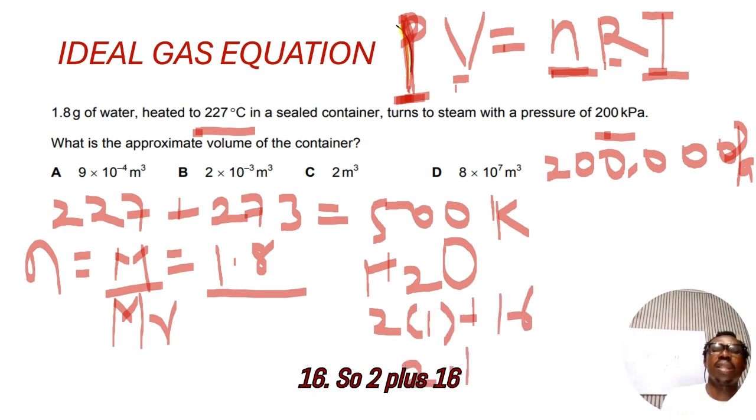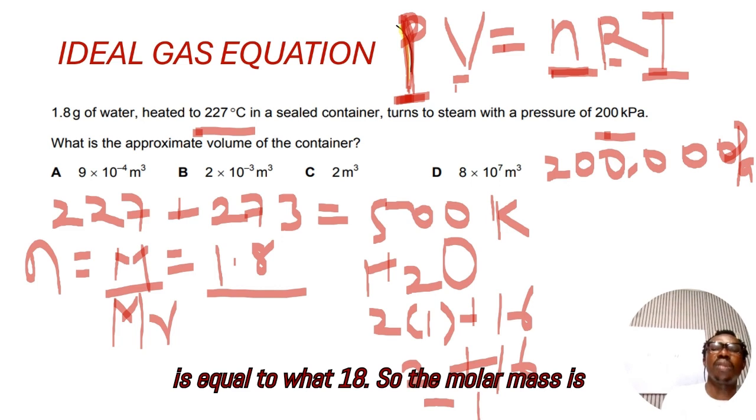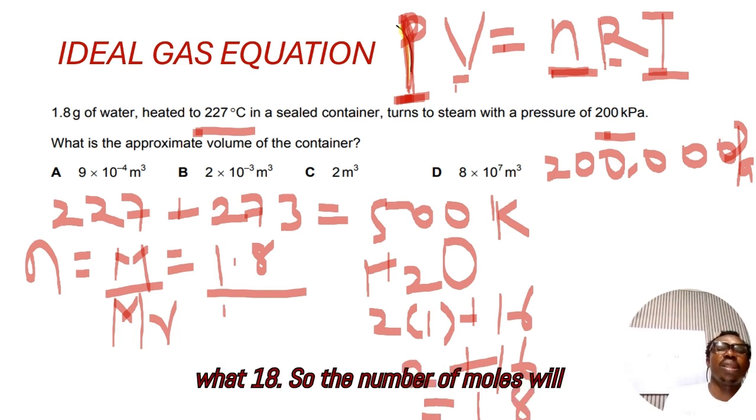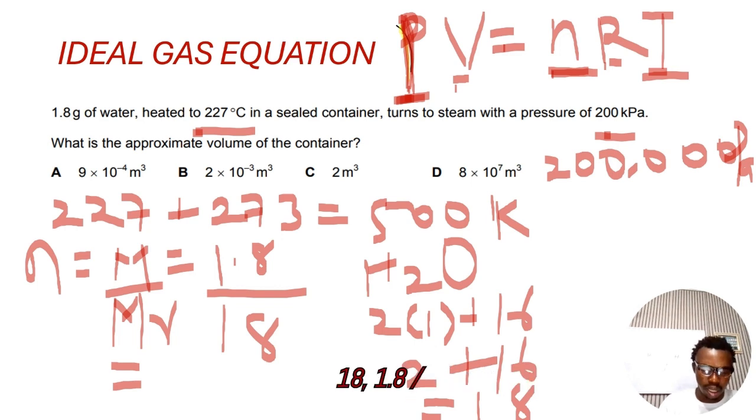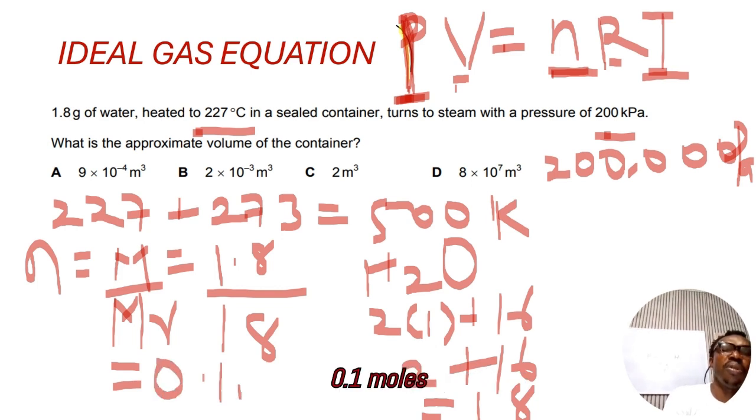So 2 plus 16 is equal to what? 18. So the molar mass is 18. So the number of mole will be equal to 1.8 divided by 18. I'm to use my calculator here. 1.8 divided by 18, which is equal to 0.1 mole of steam, which is the gas.